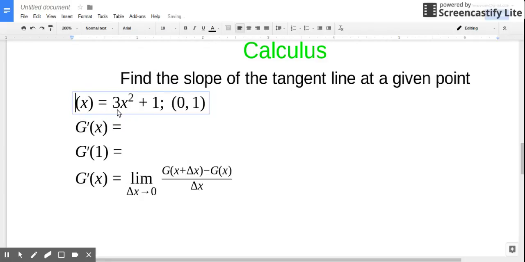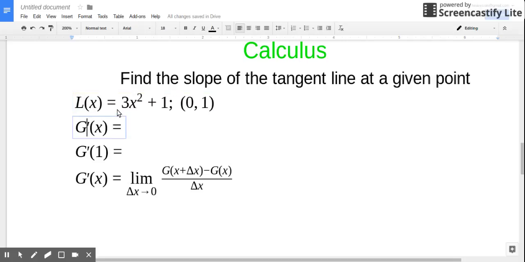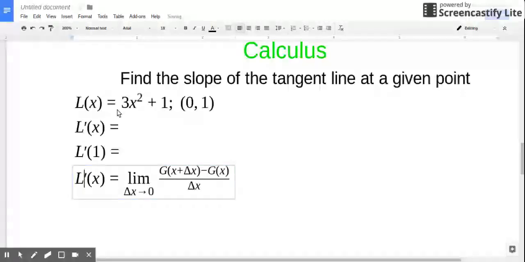Let's name this function L. We'll name it L. Just showing you that you can name your function anything you want.